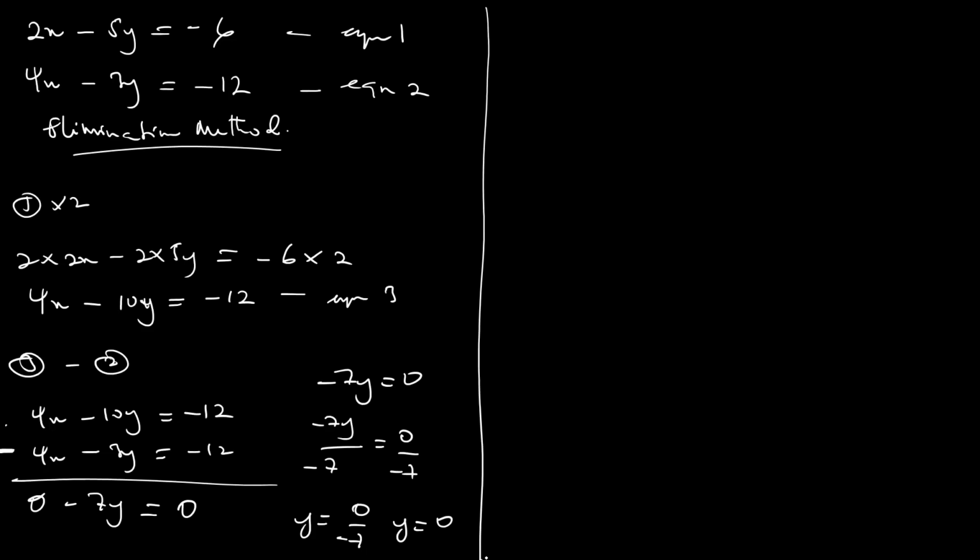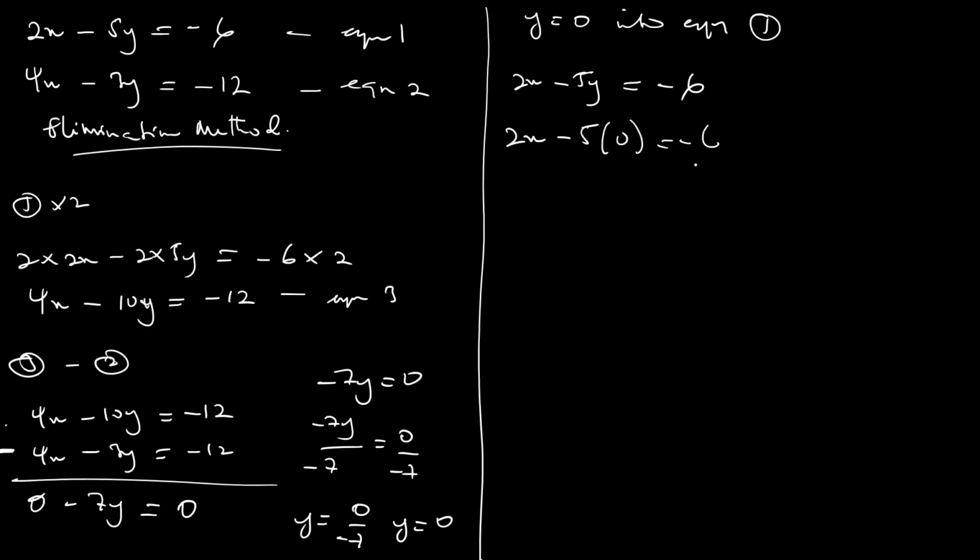Now let's find the value of x, because now we know our value of y. So we can put y equals to 0 into any of the equation. Let's say equation 1. So now we have 2x minus 5y equals to minus 6, and our y is 0. So you have 2x minus 5 times 0 equals to minus 6.